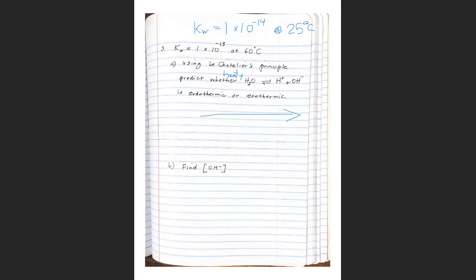The truth of the matter is, the major difference between equilibrium problems that deal with heat is that, if you look at it in terms of the reaction, it does follow the same Le Chatelier's principle. If heat is a reactant and you add heat, it's going to shift towards products, or if heat is a product and you add heat, it'll shift towards reactants. However, the key thing is how does that happen?